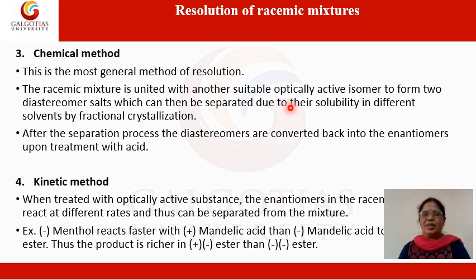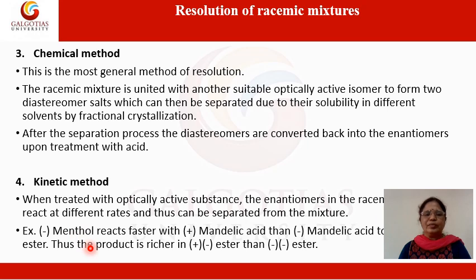So, after the separation process, we have converted our optical isomers into diastereomer form. Once the separation is completed, we can convert the diastereomers back into their enantiomers by suitable treatment with acid.